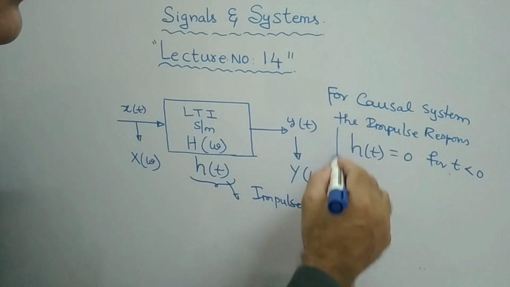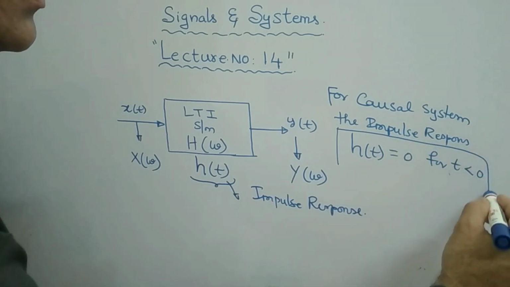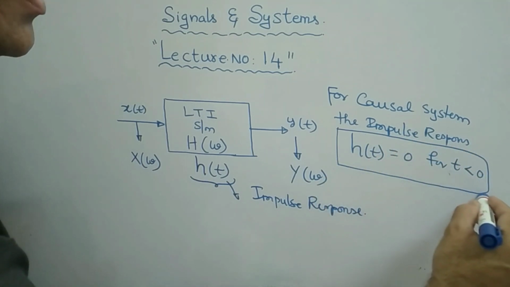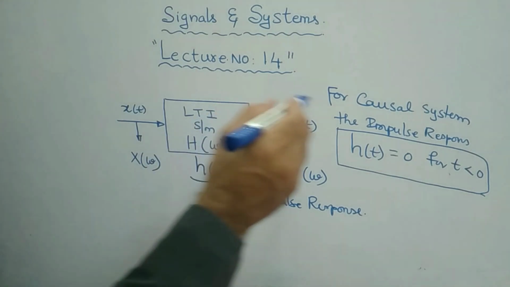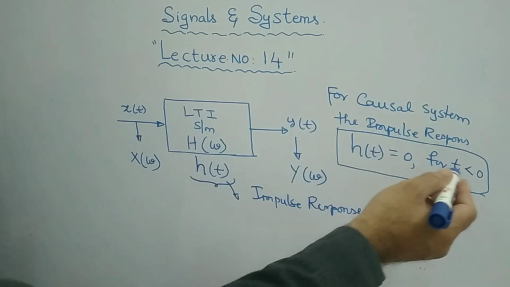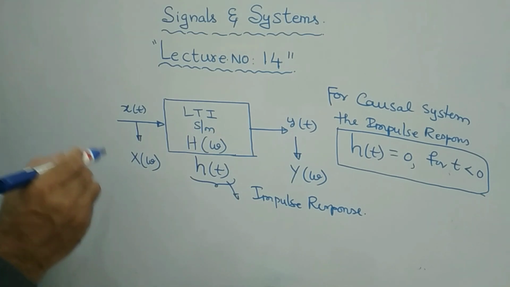This is the very important condition that needs to be remembered. The impulse response h of t becomes 0 for t less than 0.